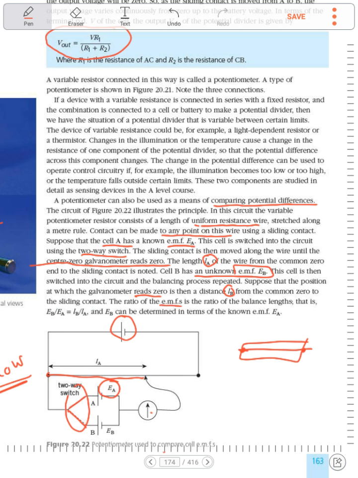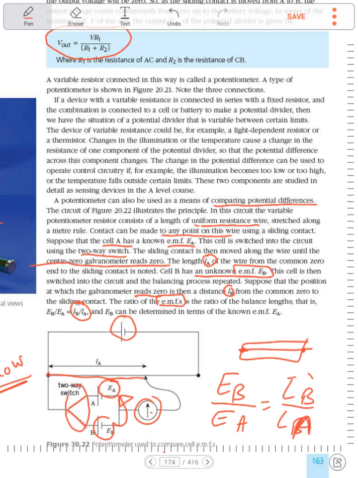The ratio of EMFs is the ratio of the balance lengths, that is, EB over EA equals LB over LA. So I can compare the electromotive force B over electromotive force A to the length where the current through the galvanometer is 0, over LA.